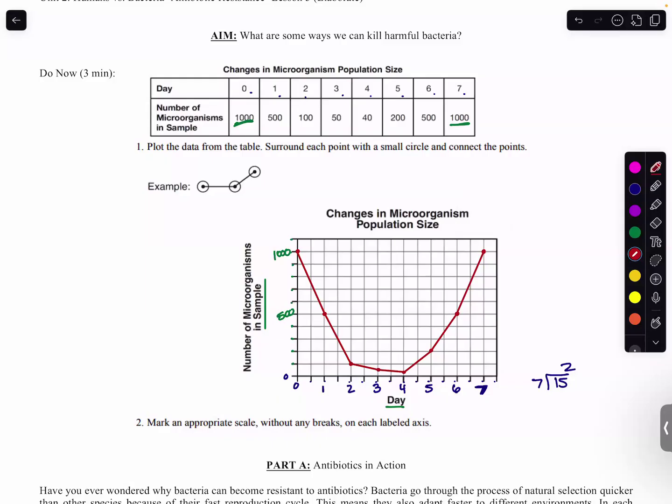Okay. And I always make it a habit to follow the example and circle the points that I've plotted. And voila. Hopefully you guys got something that was very similar as well.